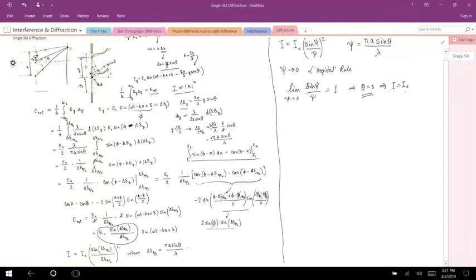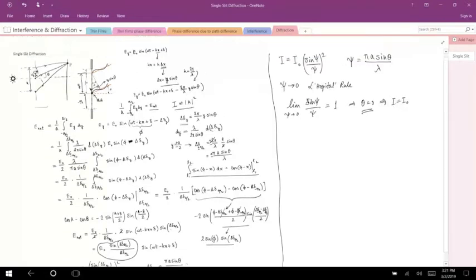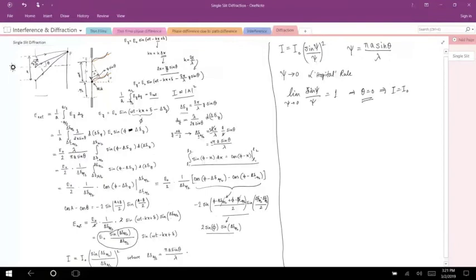As psi increases, the stuff within the brackets can only decrease, and sine psi cannot ever be larger than 1, right? So as psi increases from 0, this quantity is going to get smaller and smaller. So this is clearly the maximum intensity, right?